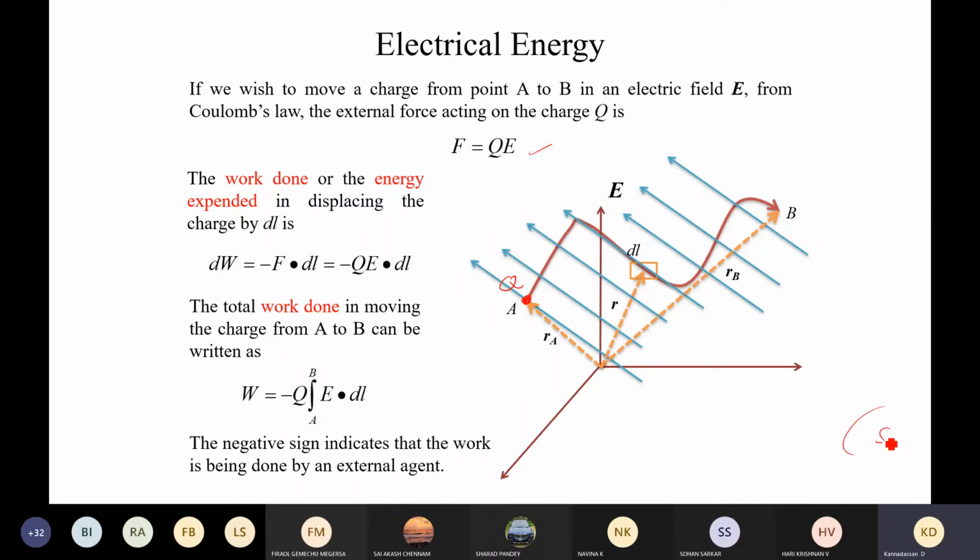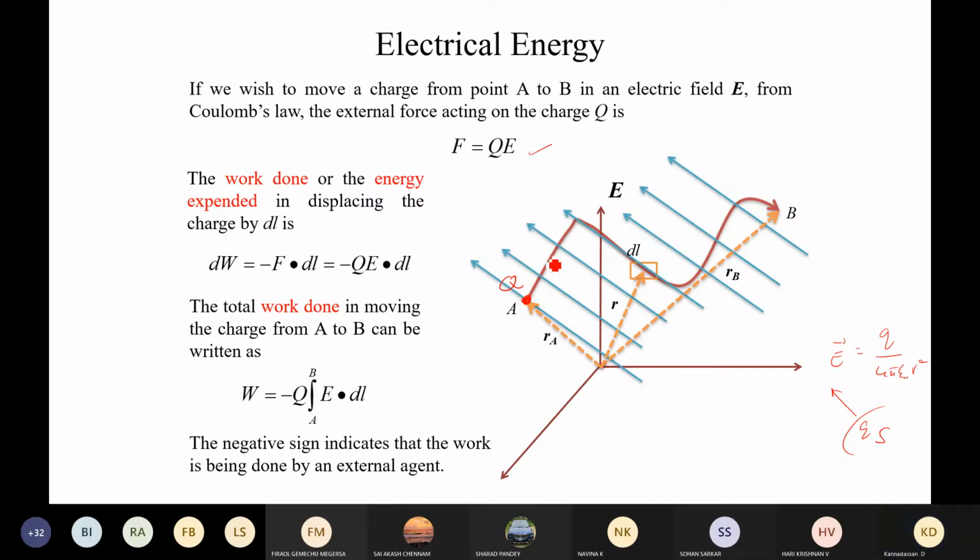Here some other source charge is available, my small q. This is going to give the electric field, that is, q divided by 4 pi epsilon naught r square. With respect to this, the electric fields are generated, and that is going to exert the force on the q.